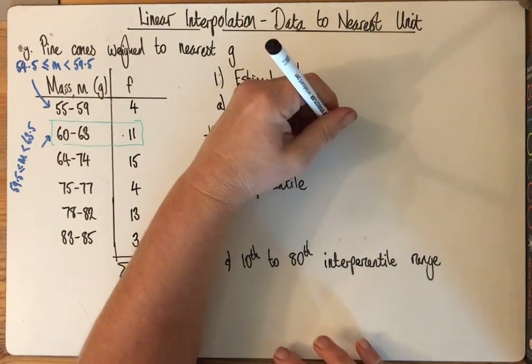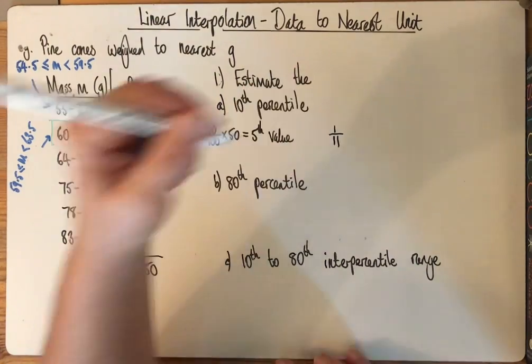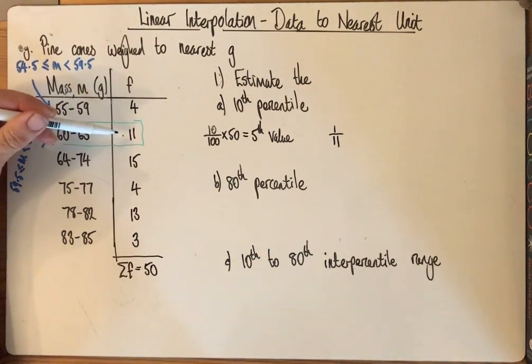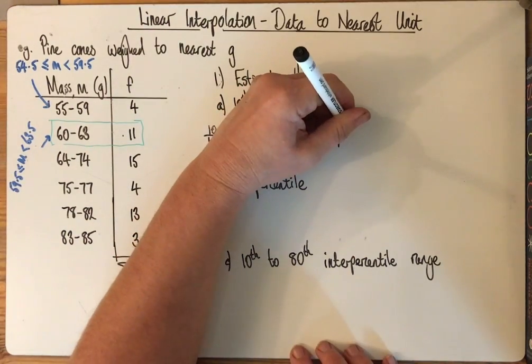So it's the same method as we were doing last lesson. You do 1 over 11 times the class width, but the class width isn't 3, it's 4, because I'm going from 59.5 up to 63.5.